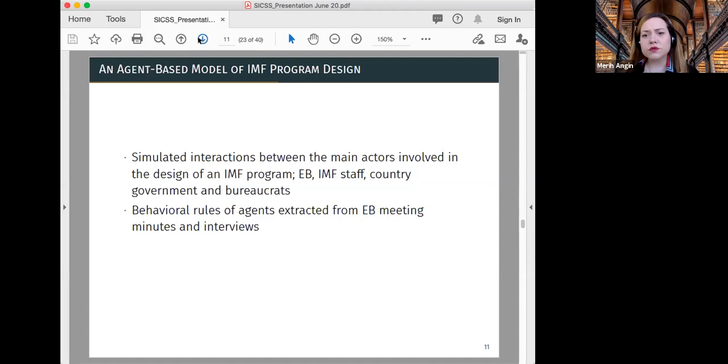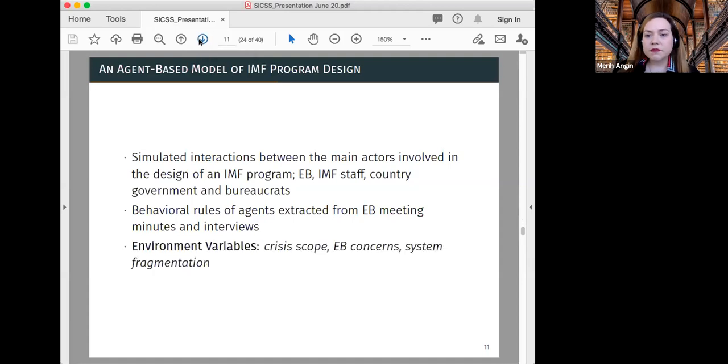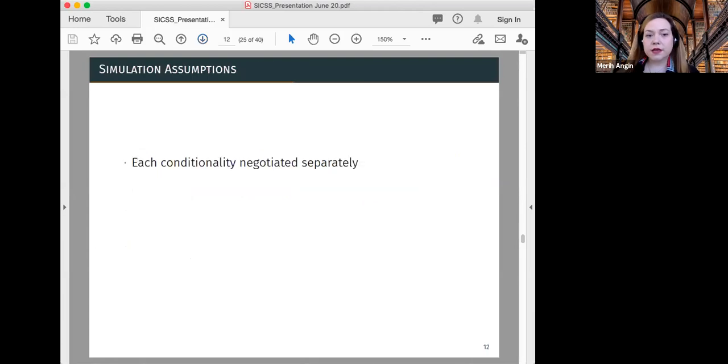And the behavioral roles of the individual agents are extracted from the executive board meeting minutes, as well as the interviews with the IMF staff, directors, and bureaucrats. And the environment variables that influence the preferences of the individual actors include, obviously, the macroeconomic conditions, such as crisis scope surrounding the program design, and concerns regarding the design of the previous IMF programs, and the political conditions under which the government is negotiating.